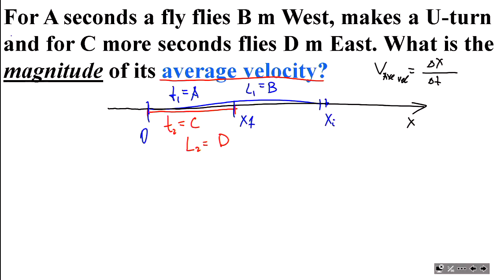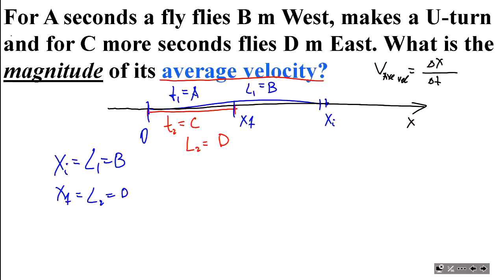So where do you want to choose it? Okay, thanks. Now, relative to this choice of the origin, our initial x will be equal to this length, L1, or number b. Our final x will be equal to L2, or that distance d.